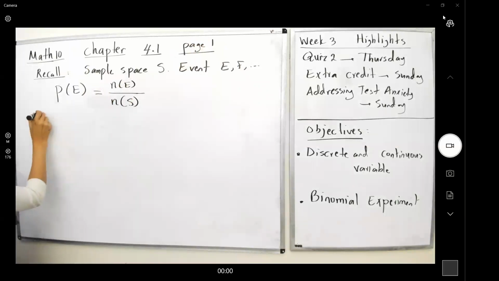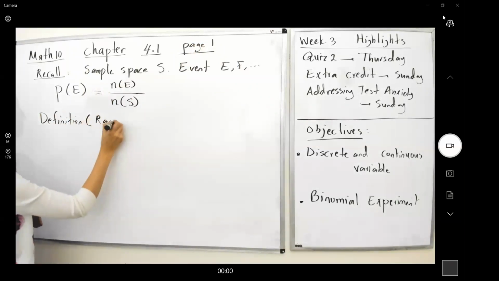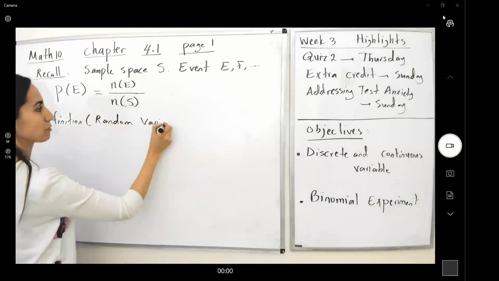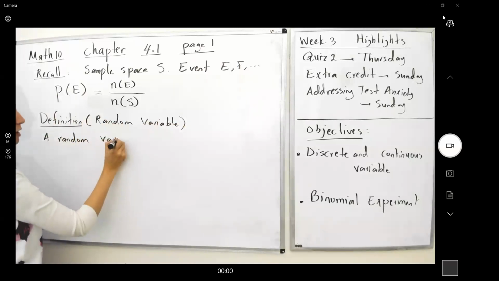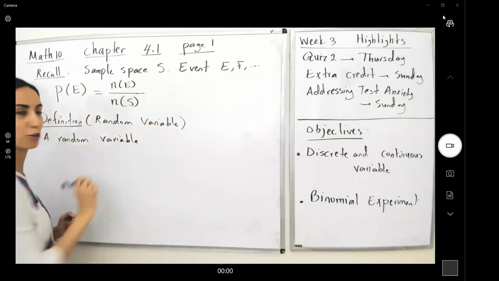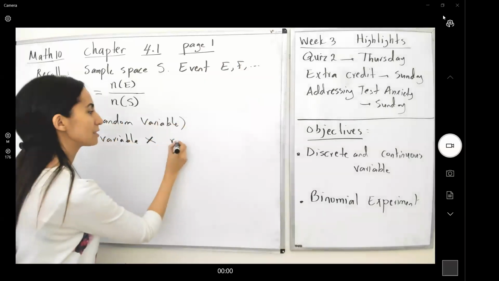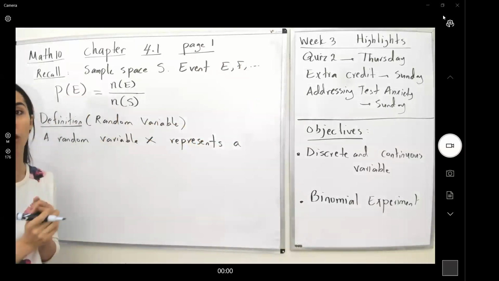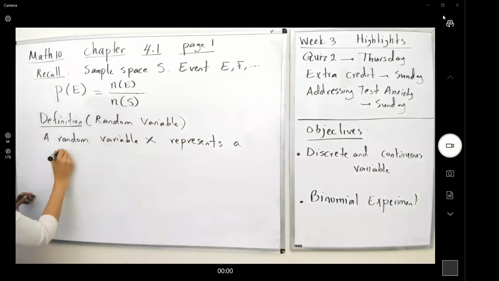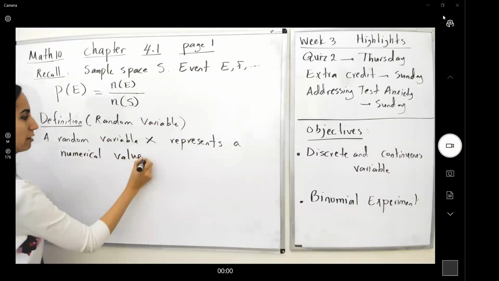A random variable, which is denoted by X, represents a numerical value or numbers.